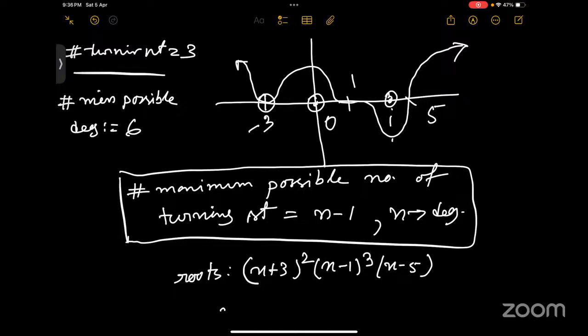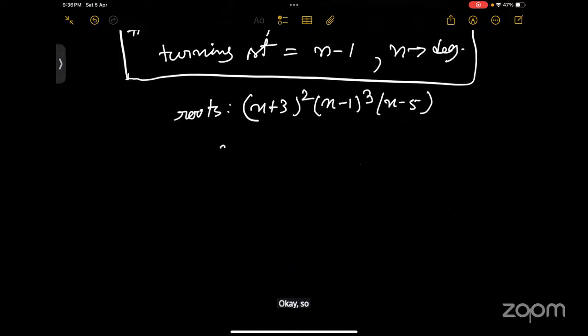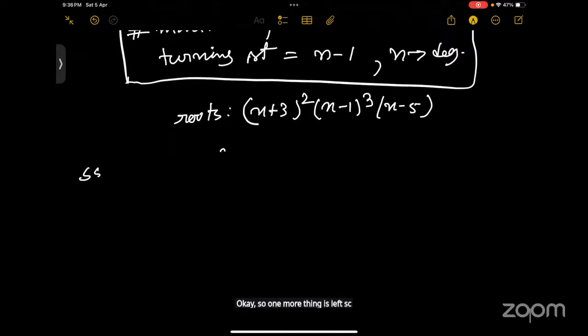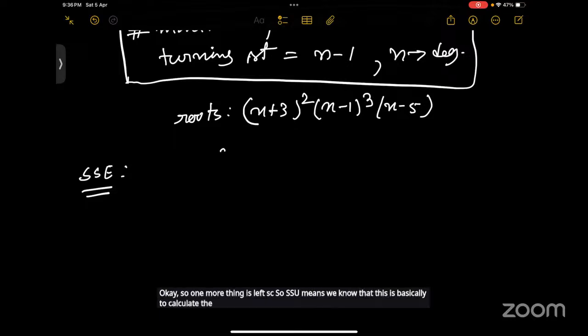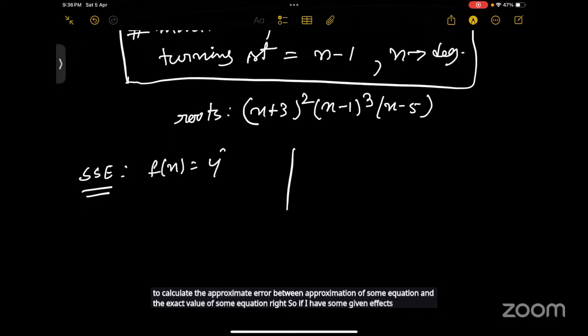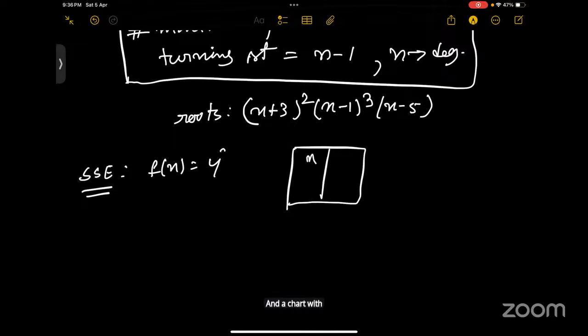Okay. So one more thing is left, SSE. SSE is basically to calculate the error between the approximation of some equation and the exact value of the equation, right? So if I have some given f(x) and the data, we will calculate the error.